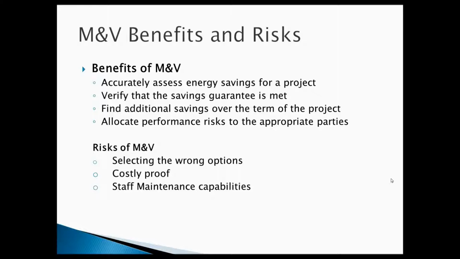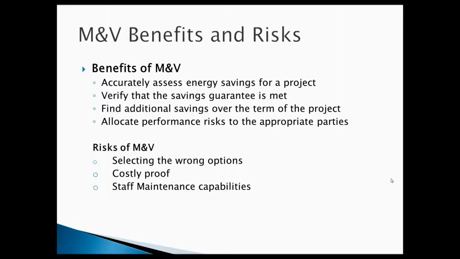If the customer doesn't keep up with maintenance schedules, there could be a problem with your guarantee. So make sure that you know what your risks are and what your benefits are of that M&V decision. There are, of course, risks.